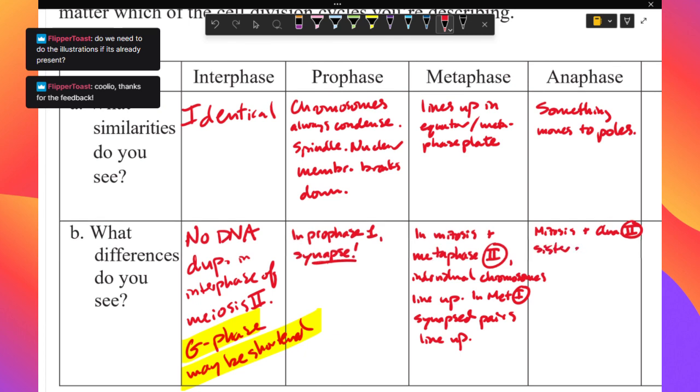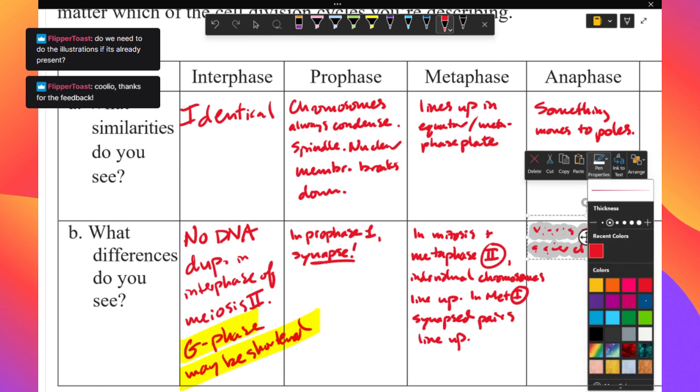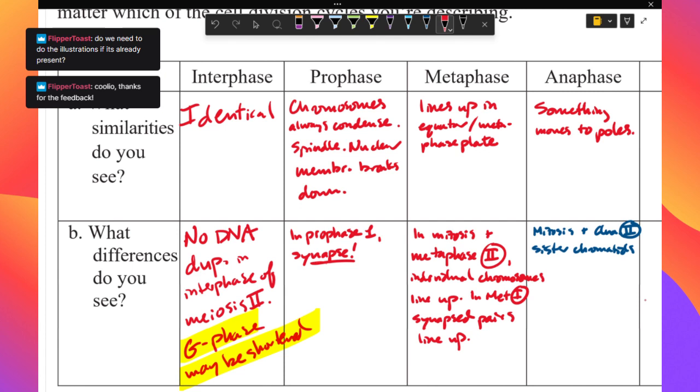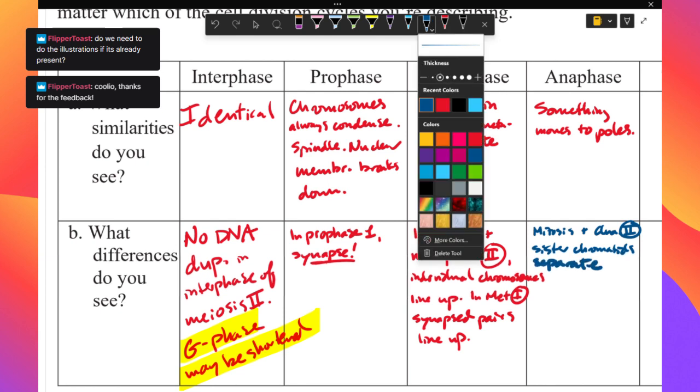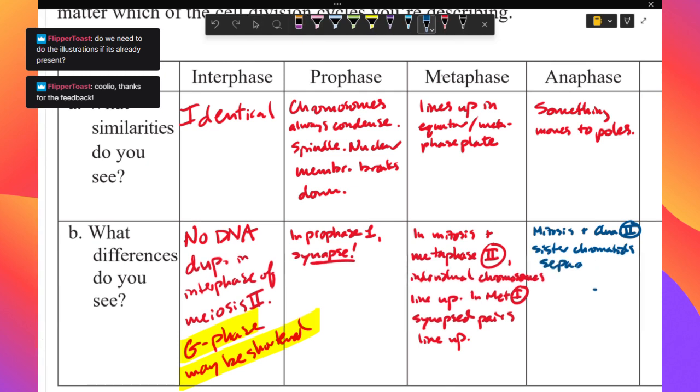We have our sister chromatids separate and move opposite. I'm going to do this in a different color so that we can distinguish it from the box next to it. Sister chromatids separate. Oh, goodness. There we go.